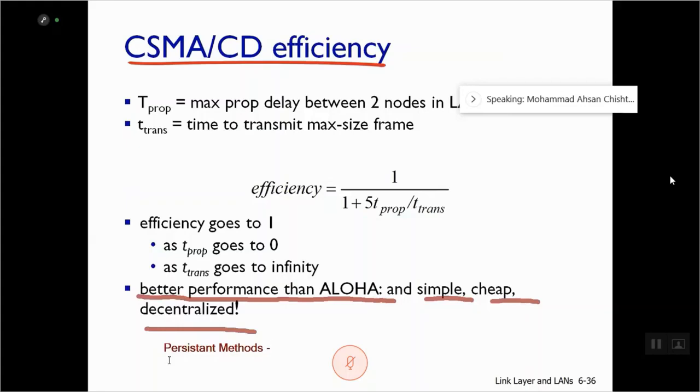What should a node do if the channel is busy? So it uses persistent methods. There is the one persistent method, there is the non-persistent method, and also there is the P-persistent method. I'll leave it for you to discuss this.